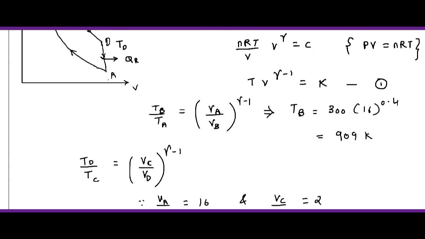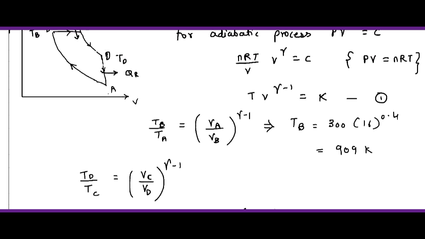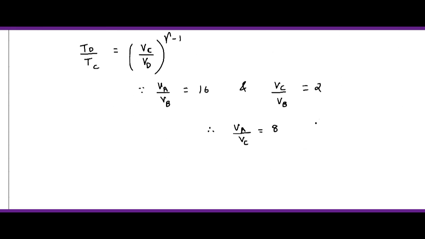If we carefully analyze the given diagram, point D and A both will have the same volume as the process is isochoric, so we can write VD by VC will also be 8.